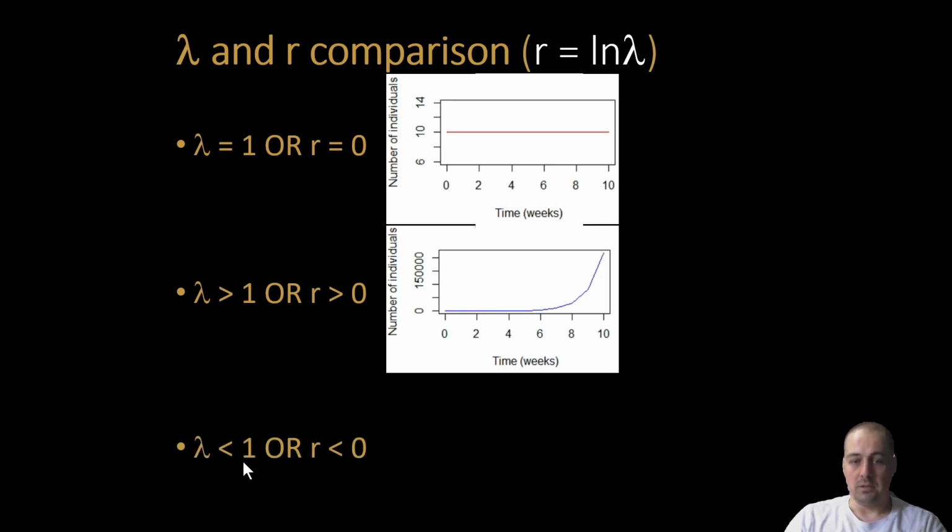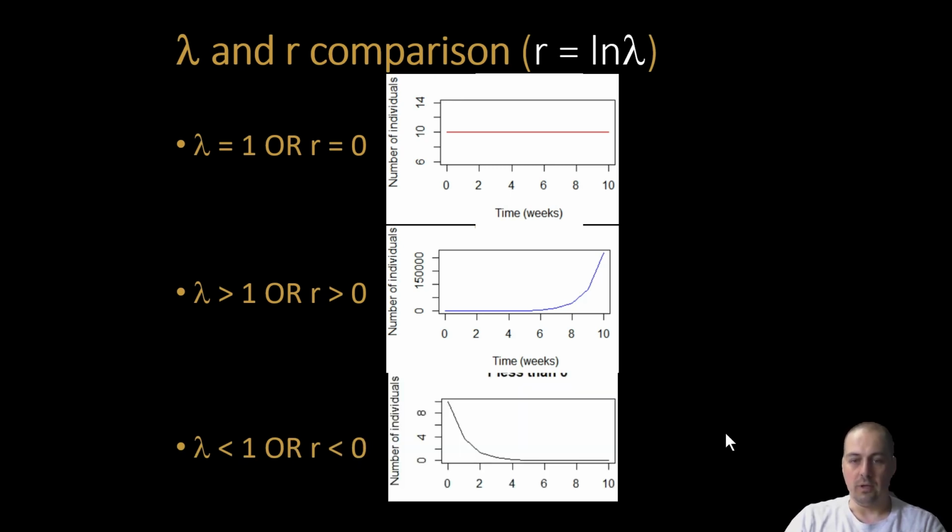When lambda is less than 1, or r is less than 0, so in this case r would be negative, you would have a decreasing population, and that will look like this. So given these values, you now know what the graphs will look like, but you can also work backwards. Given these graphs, you can have a general idea of what these values will be like.